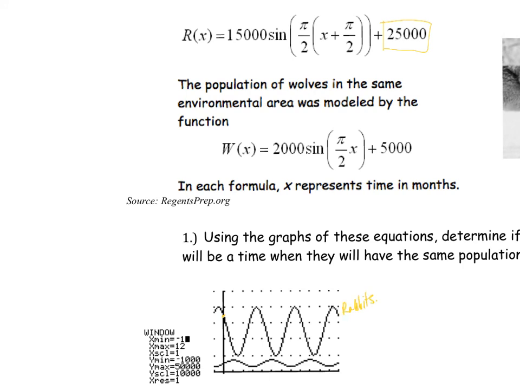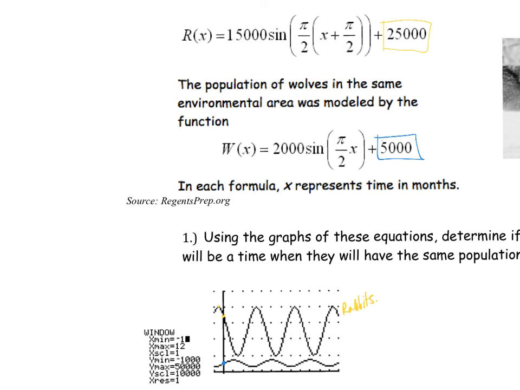And it's a sinusoidal function, but it's been moved over to the left a little bit. So that's kind of the beginning of our sine function, then it moves down. All right, and now for our wolves, their initial value is right down here.